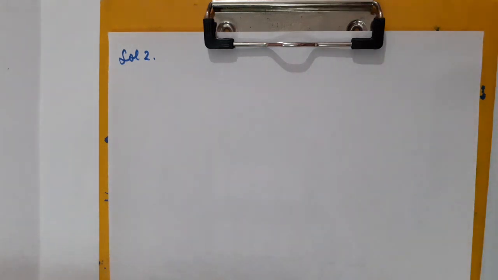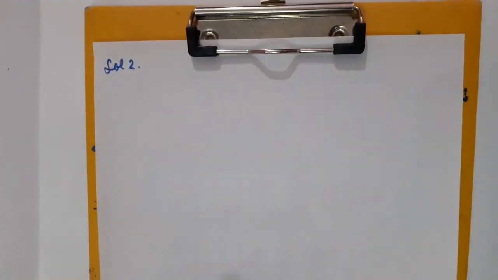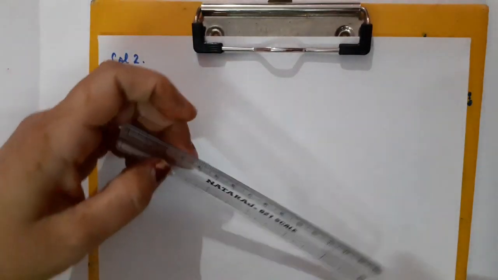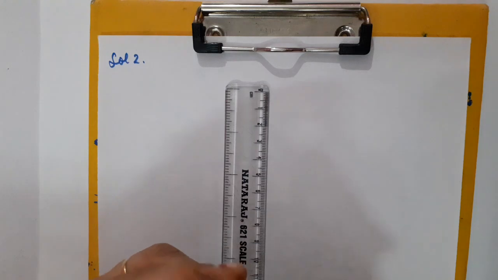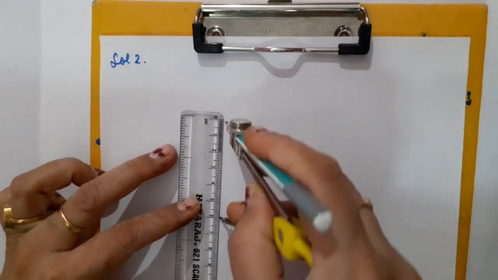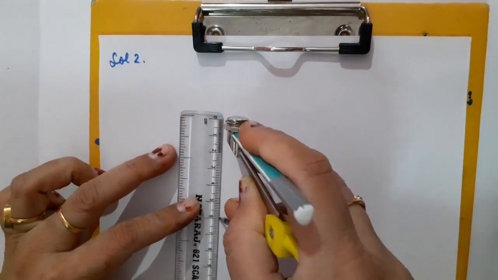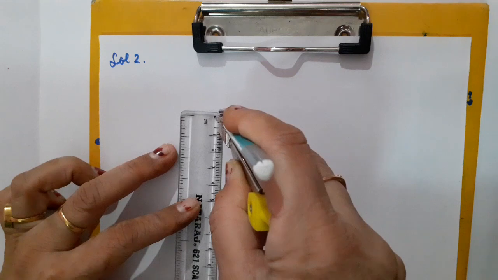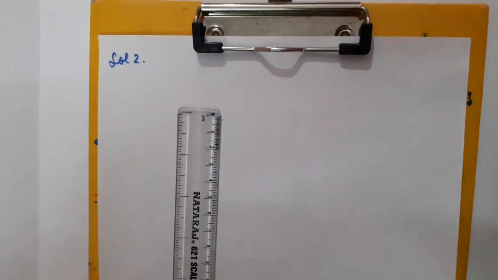So first of all, I am going to draw two circles, one of radius 6 cm and another of radius 4 cm, while considering the same center point. Okay. Children, here you can observe that while opening the compass of radius equal to 6 cm, I am just going to draw one circle.